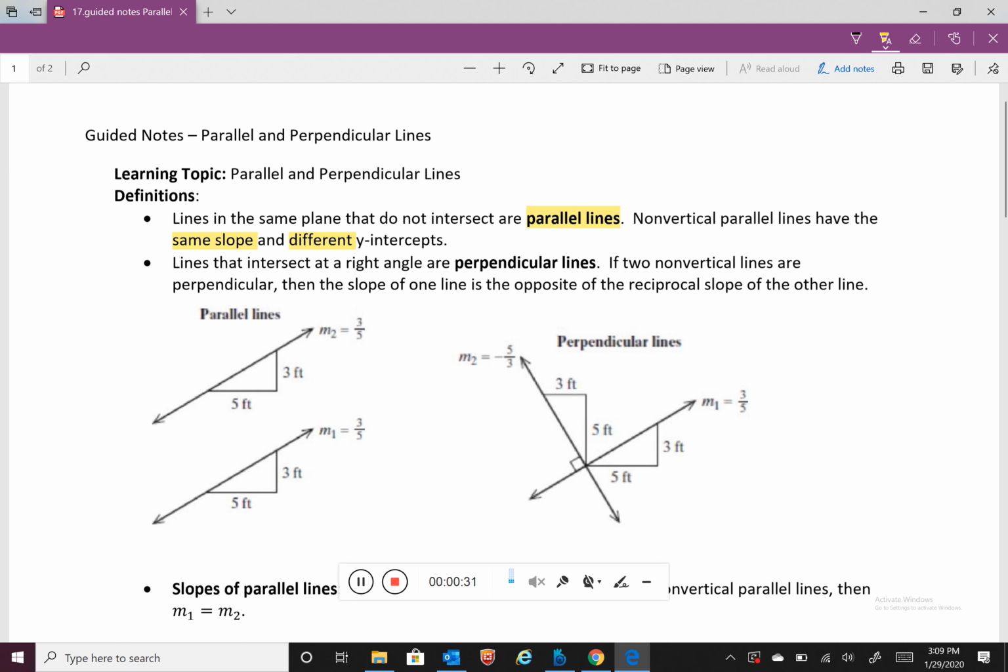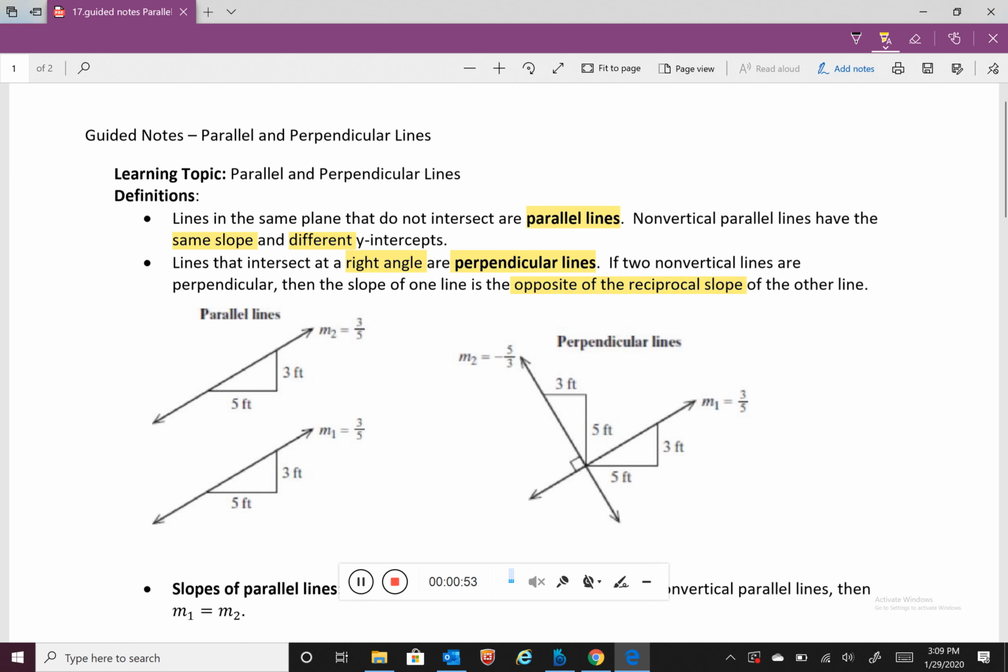Lines that intersect at a right angle, also known as a 90-degree angle, are called perpendicular lines. If two non-vertical lines are perpendicular, then the slope of one line is the opposite of the reciprocal slope of the other line.